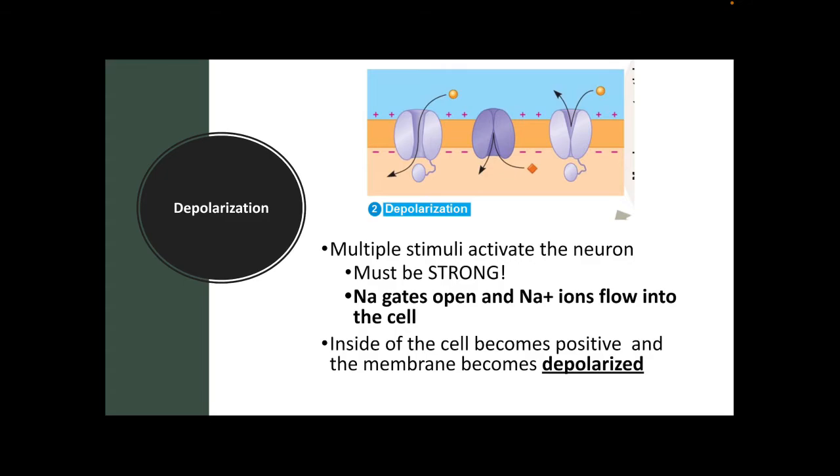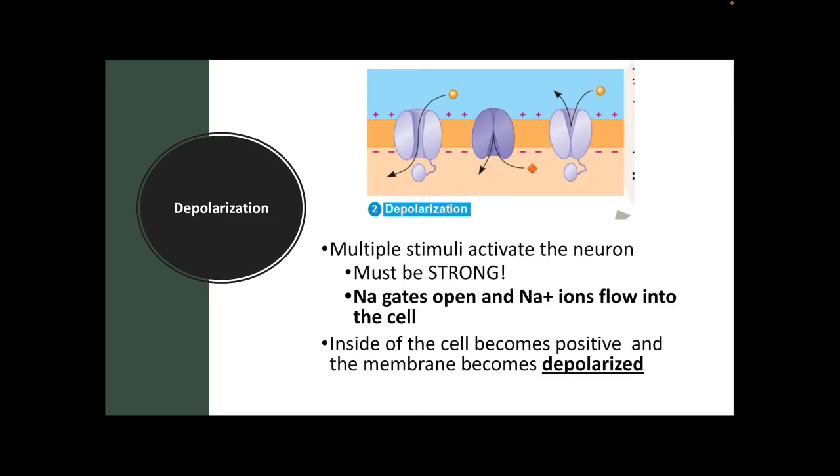When a stimulus does trigger a neuron to be activated, a couple of things happen. One is that the sodium-gated channels located in the membrane open for a brief moment, and when they open, a lot of sodium ions from the outside of the cell rush into the cell. When this happens, you create an electrical charge inside of the membrane.